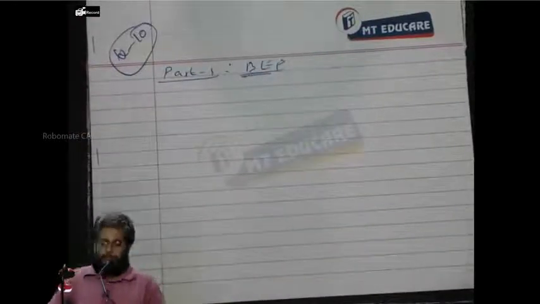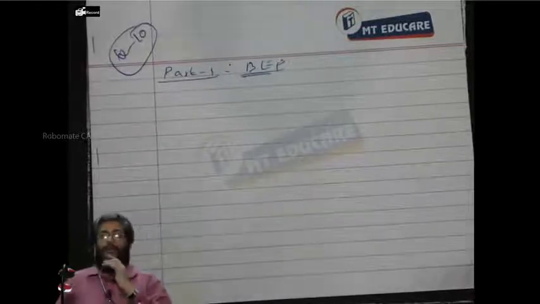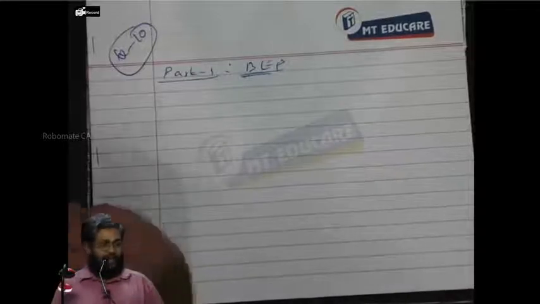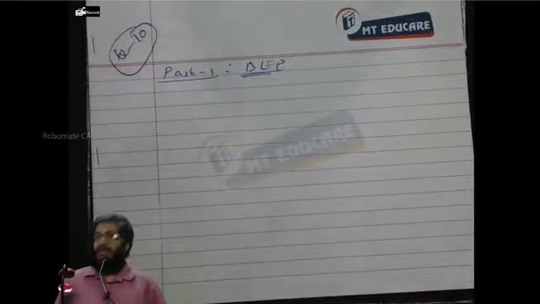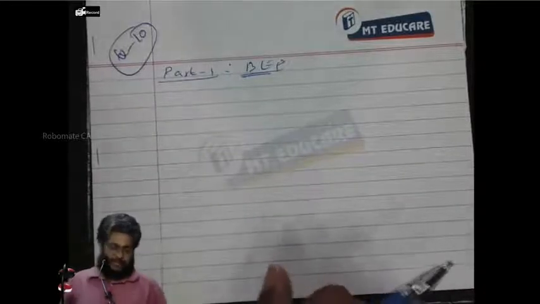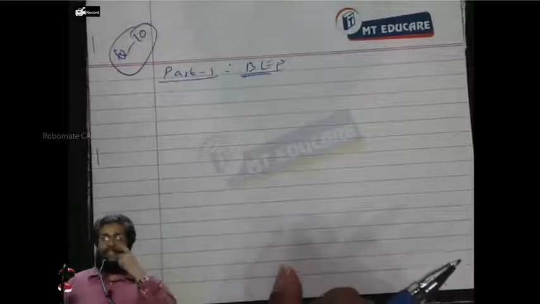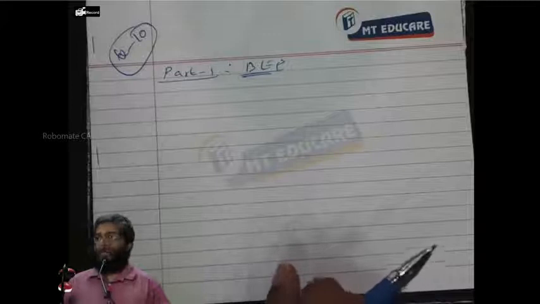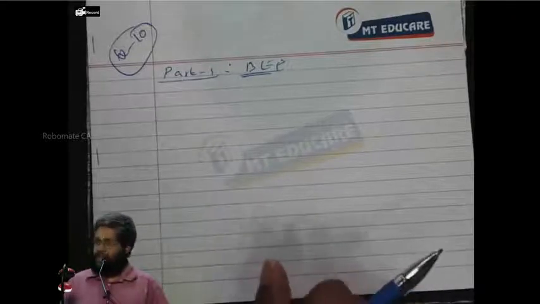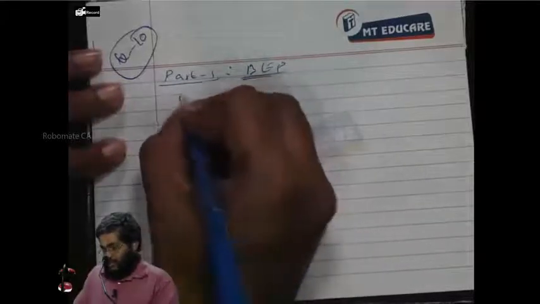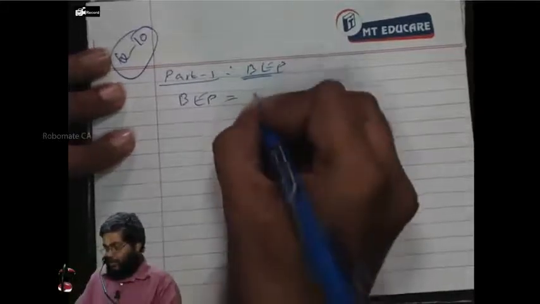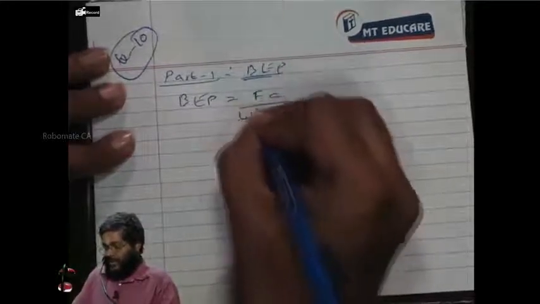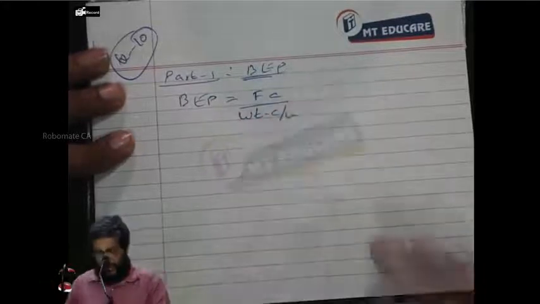Okay. Now, write down. When we have multiple products with a given sales mix, BEP is equal to fixed cost by weighted contribution per unit.